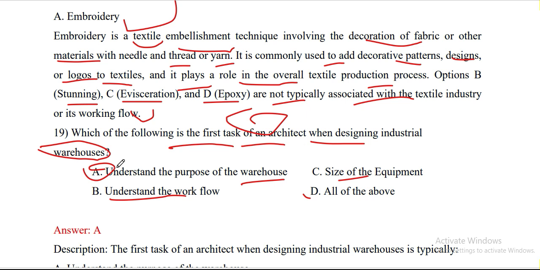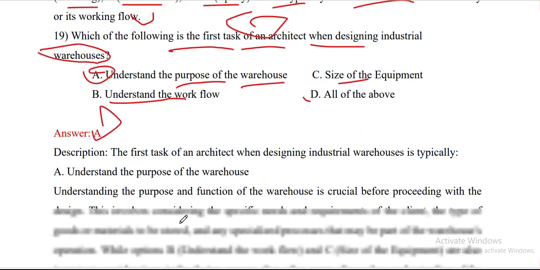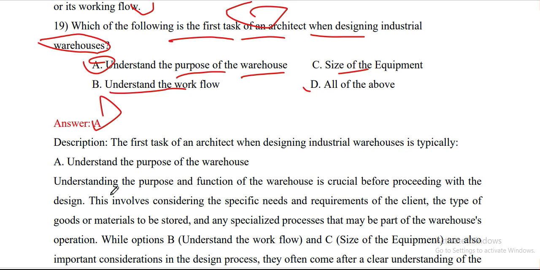Because before designing the warehouse, the architect should understand the purpose of the warehouse. After that, as the next task, he goes to the design of the warehouse. So option A is the best answer. We'll see the description. Understanding the purpose and functions of the warehouse is crucial before proceeding with the design.